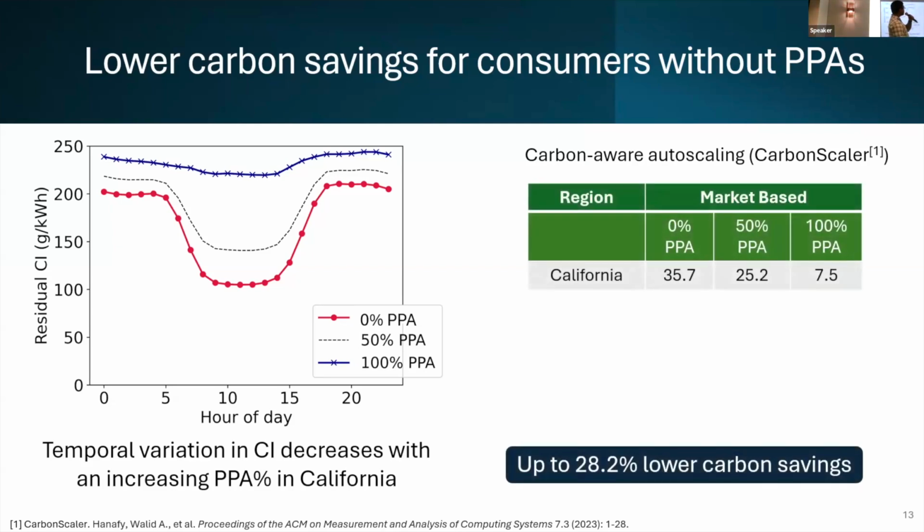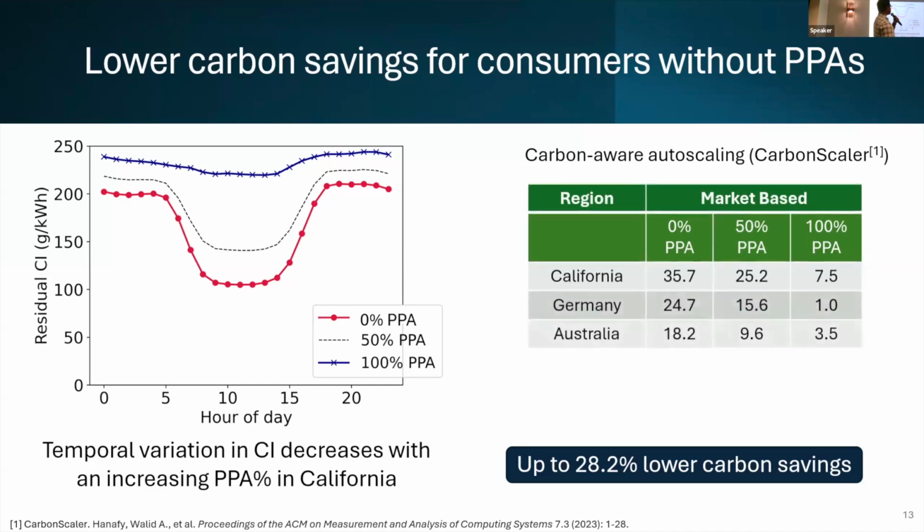So if no solar and wind are under PPA, carbon aware auto scaling would yield 35.7% carbon reductions. But in the worst case, if all the solar and wind are claimed by others, then for consumers without PPAs, carbon aware auto scaling would only yield 7.5% carbon reductions. So that is 28.2% lower carbon reductions. And we find this consistent across the regions as well as across the other carbon aware optimizations like spatial and temporal load balancing.